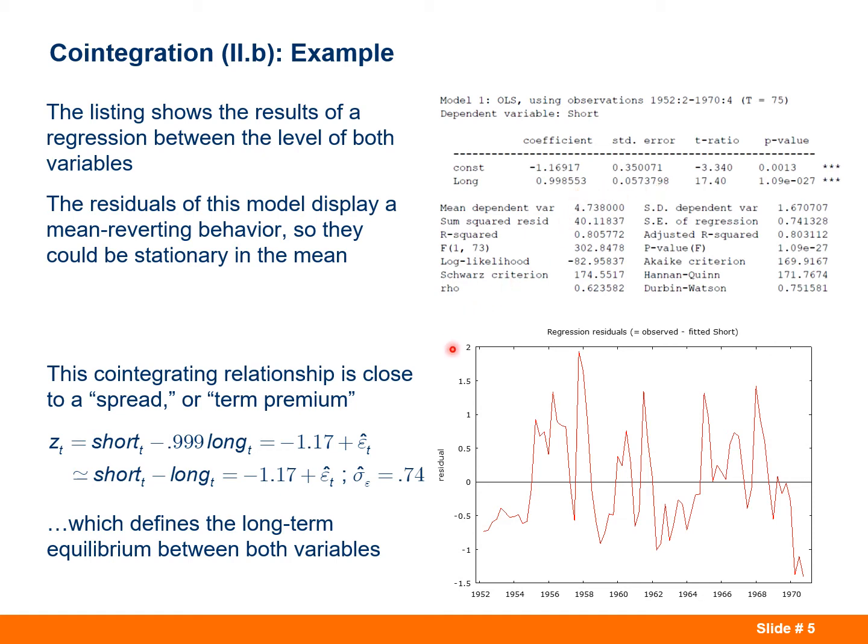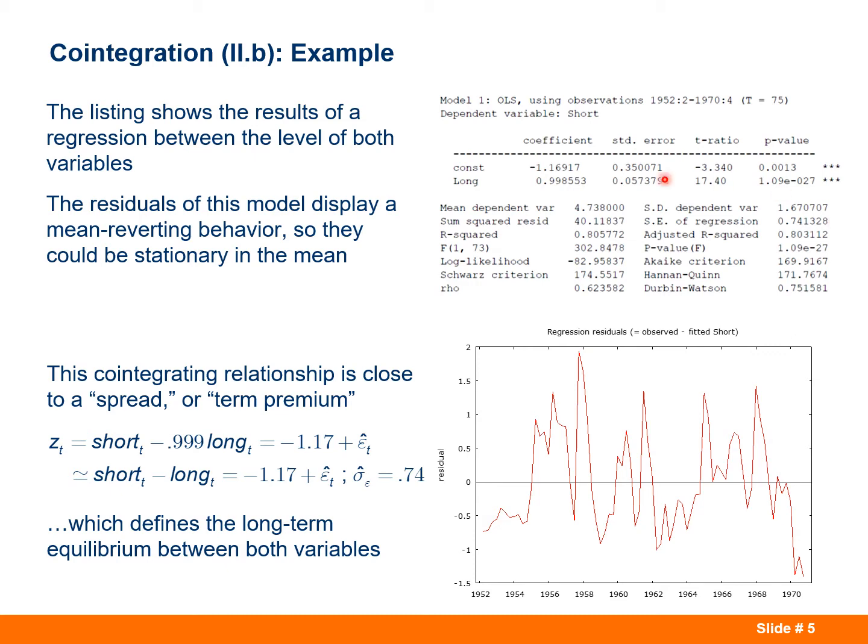We also see that the residuals of this regression show a mean reverting behavior. So they go from below 0 to over 0, and then negative again, and then positive, and then negative, and then positive, and then negative. The mean of the residuals is 0, and these are reverting to the mean when they deviate.